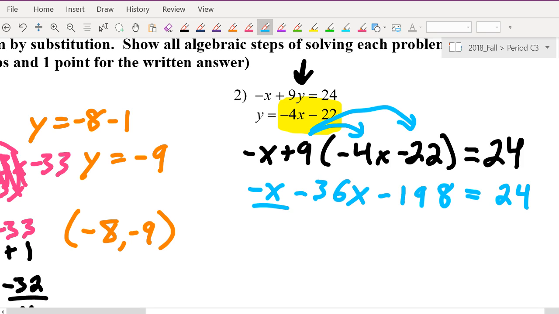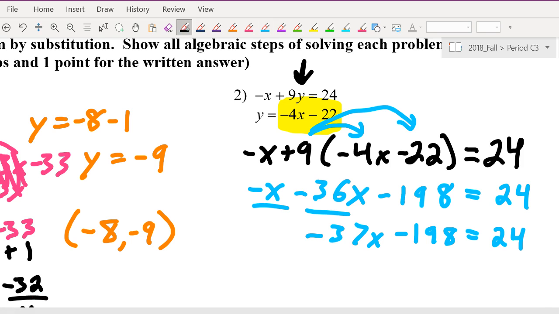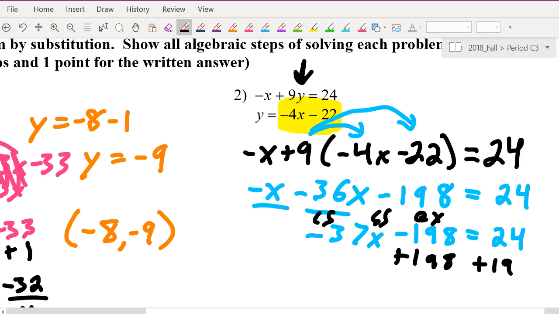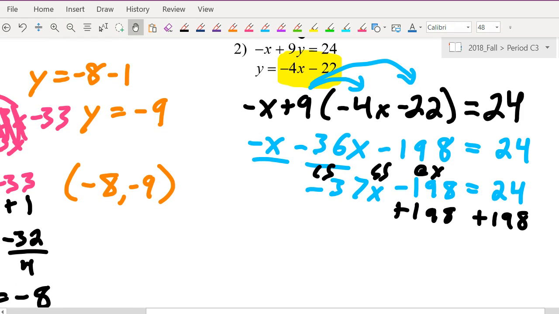Alright, now combine like terms. Negative 37x minus 198 equals 24. Add 198 to both sides.